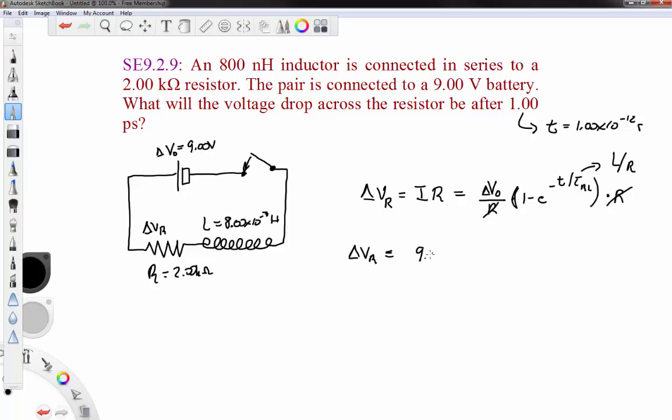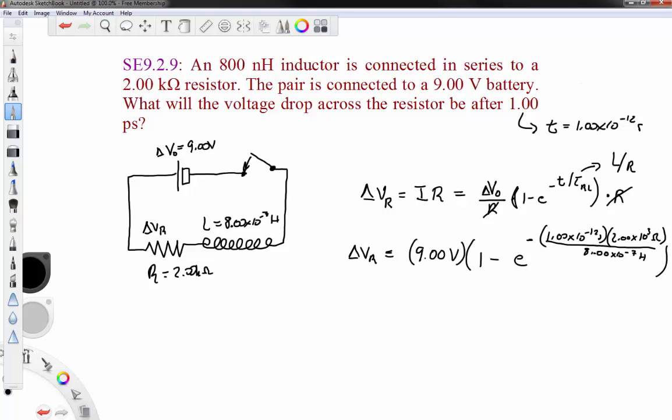the 9.00 volts, times 1 minus e to the negative 1.00 times 10 to the minus 12 seconds times 2 times 10 to the 3 ohms divided by 8 times 10 to the minus 7 henries.